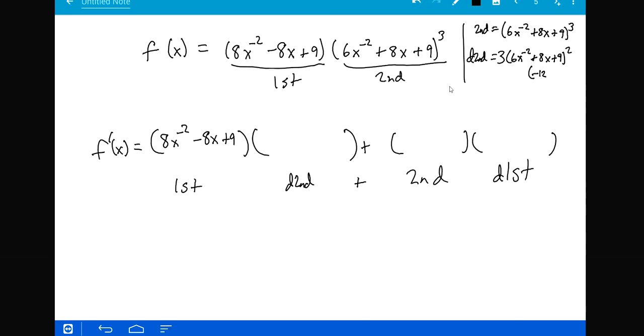So negative 12x to the negative 3 plus 8. 3 times 6x to the negative 2 plus 8x plus 9 squared, times negative 12x to the negative 3 plus 8.